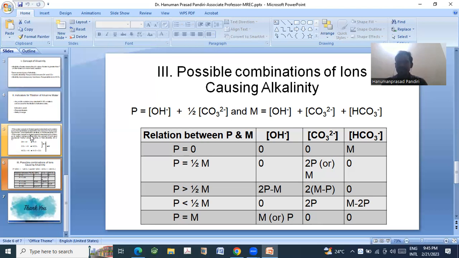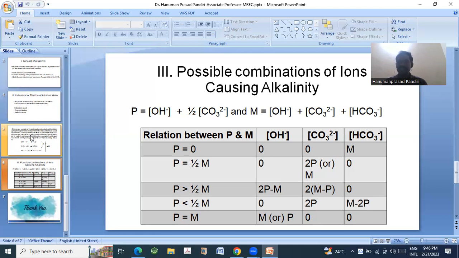And P is greater than half M, here the ions responsible for alkalinity of water are hydroxide and carbonate. OH⁻ concentration is 2P minus M, carbonate concentration is 2 into M minus P. And the fourth relation is P is less than half M. Here the ions responsible for alkalinity of water are carbonate and bicarbonate, and carbonate concentration is 2P and bicarbonate concentration is M minus 2P.